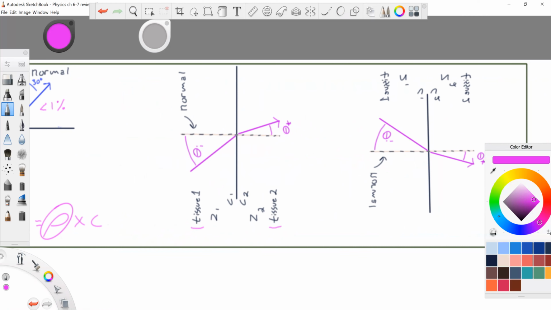In fact, let's see. Tissue 1. Tissue 2. All right, just kind of as a visual, make sure you're seeing this. We are still going to have reflected angles.